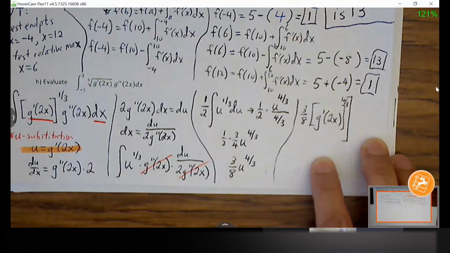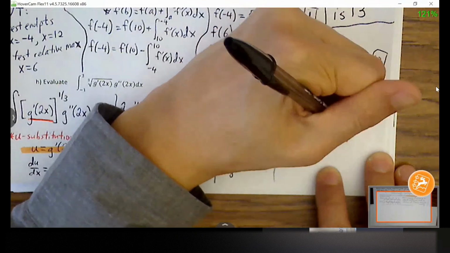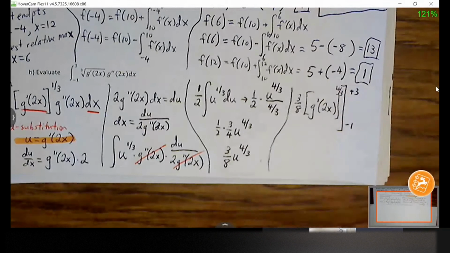And we can cleanly evaluate this between -3 and -1. Upper bound gets plugged in first.